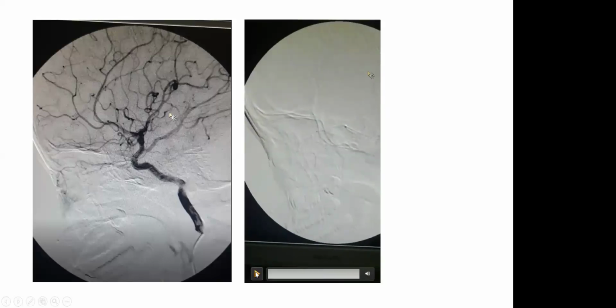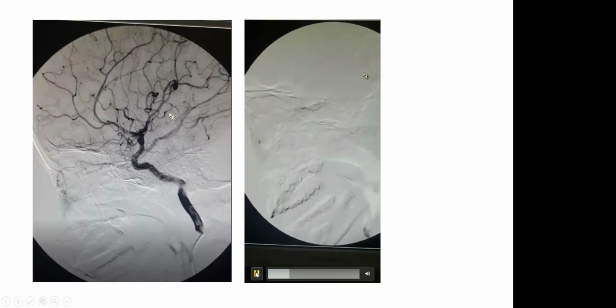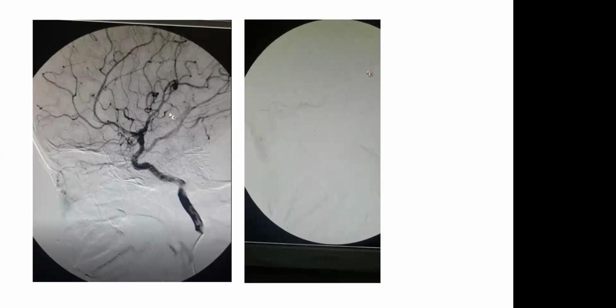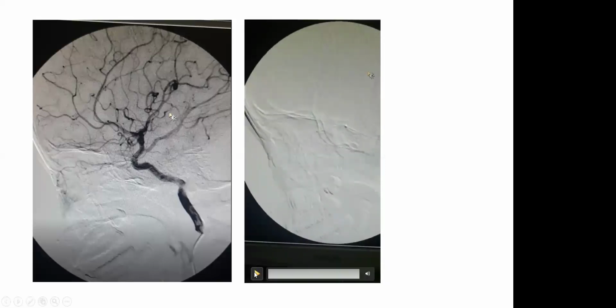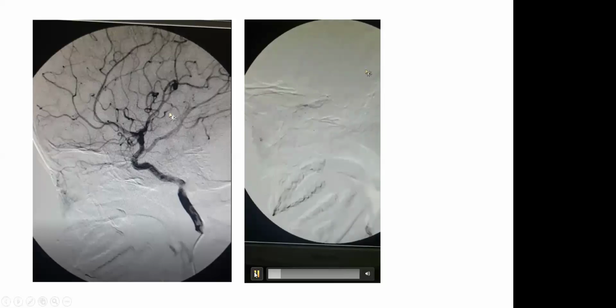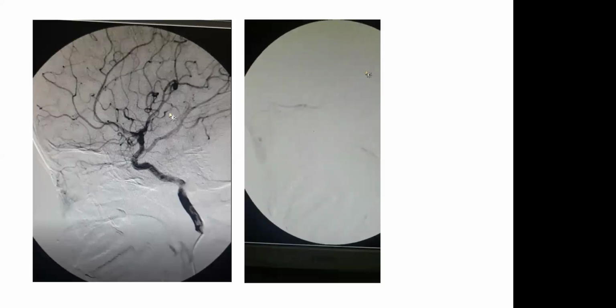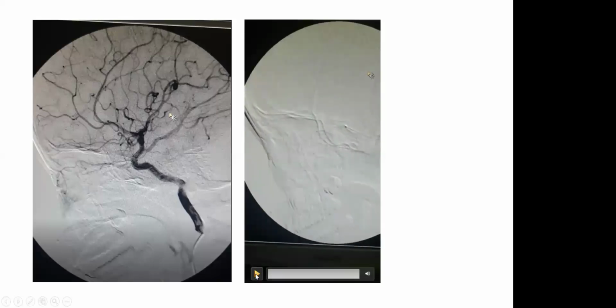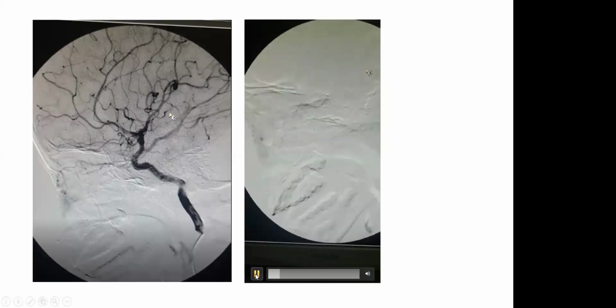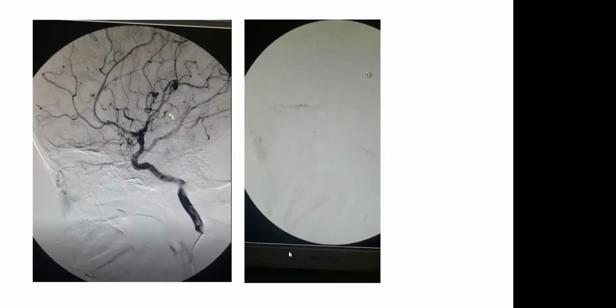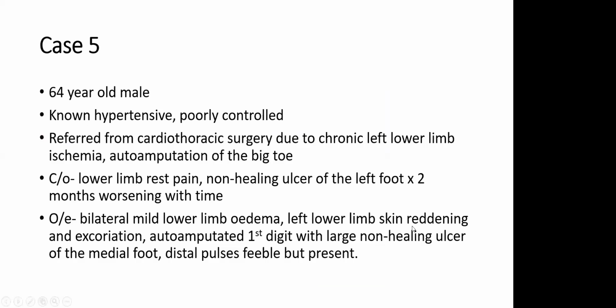And if you look at this region where the eye is expected, you can see that tumor blush where the retinoblastoma tumor is. And of course, once we give the chemotherapy intraarterially, you start seeing a reduction of that tumor blush. Next slide. So this child we were able to save that eye.